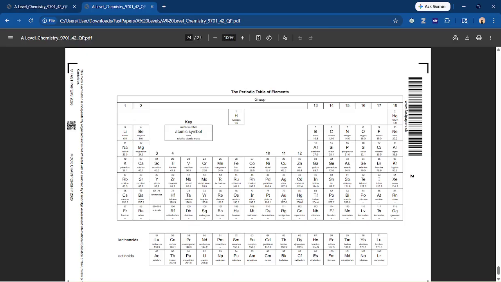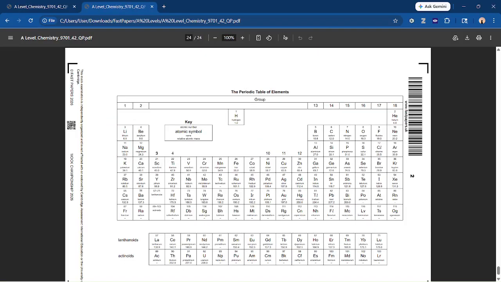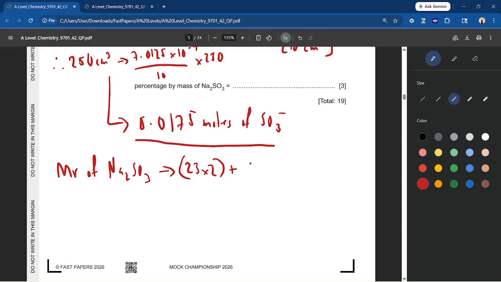That'll be 2 sodium, and sodium is 23, so 23 times 2, plus sulfur is 32.1, plus oxygen, which is of course 16, times 3. That means it totals to 126.1.